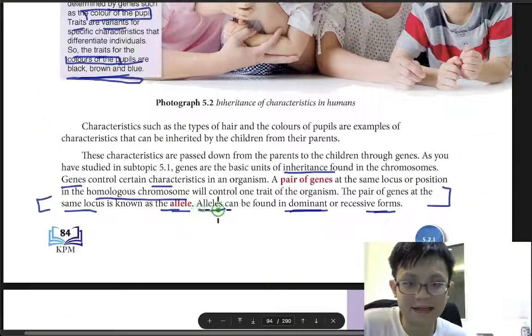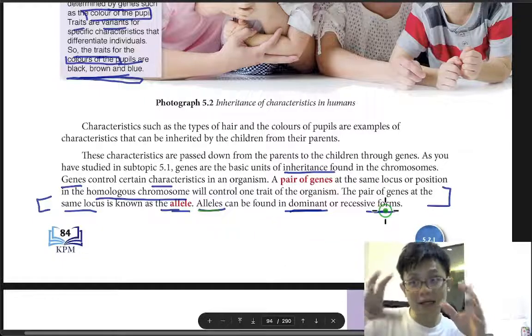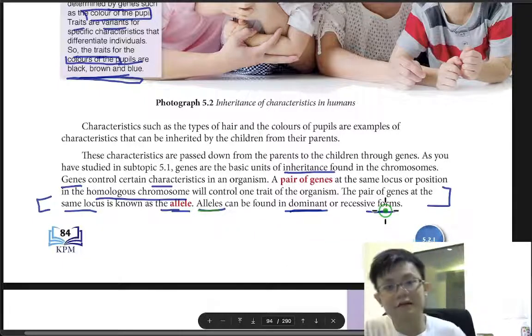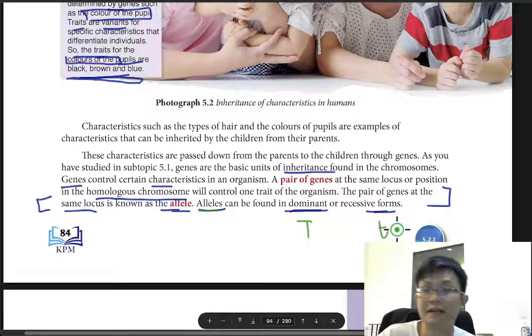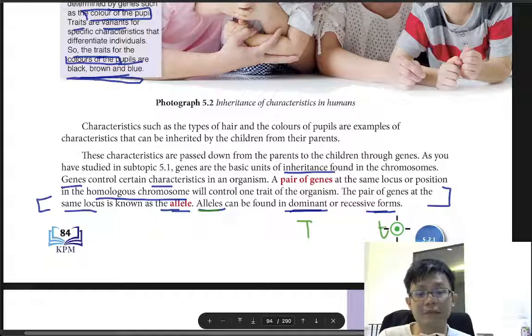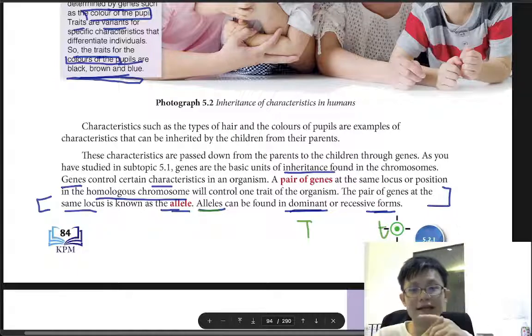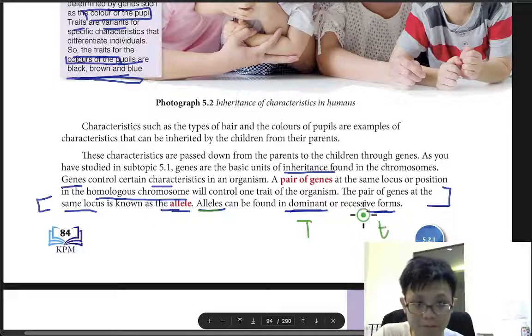So the allele is something like making sure it is dominant or recessive. The dominant will be the big T, the recessive will be the small t. The big T will show the characteristic. Of course, the small t also shows the characteristic, but the dominant allele is big T, you just remember.